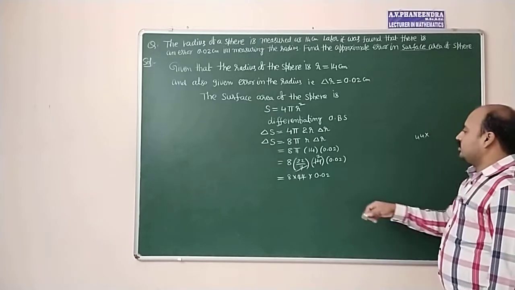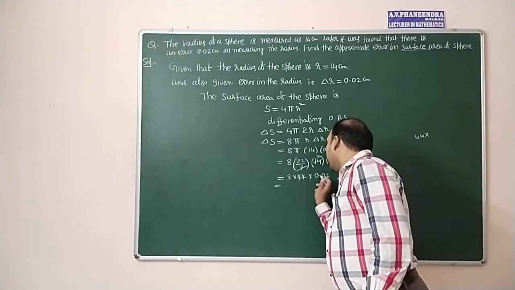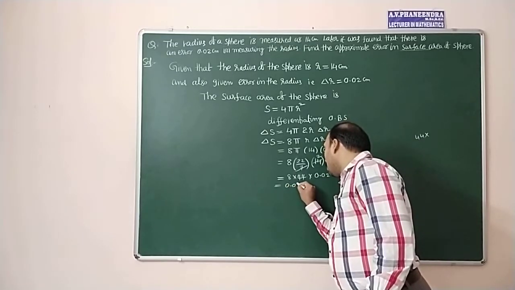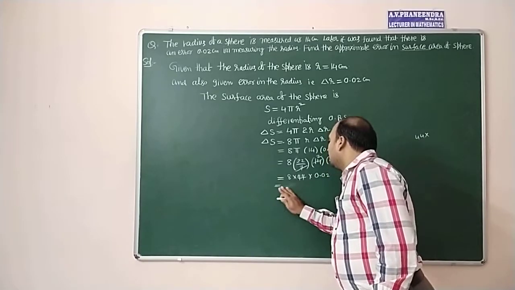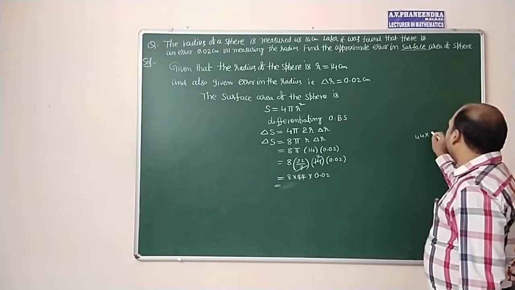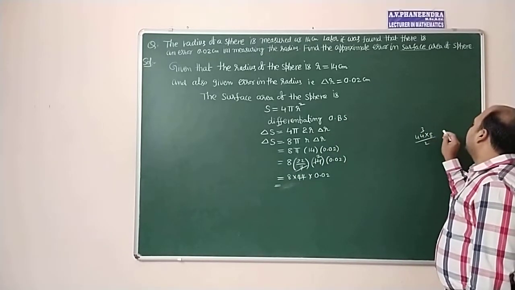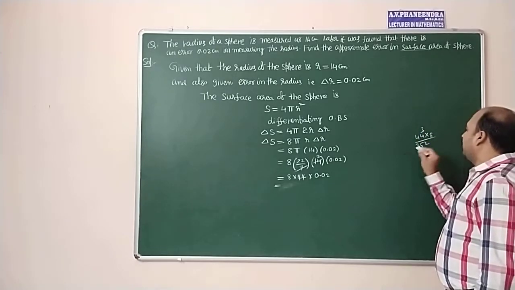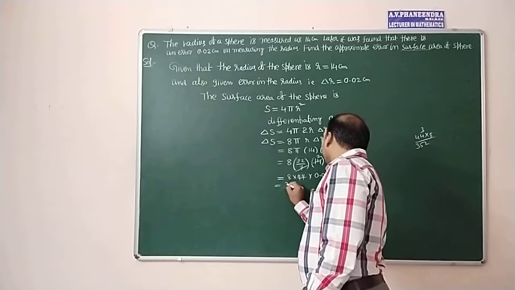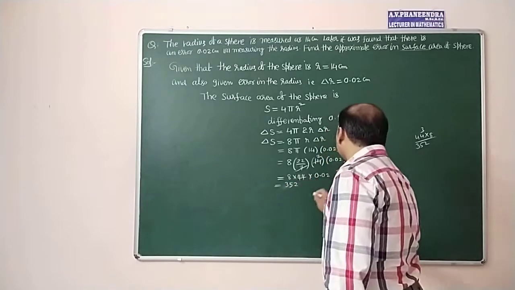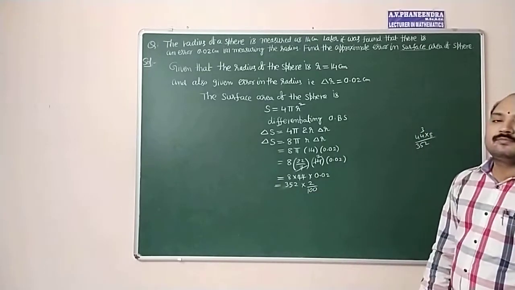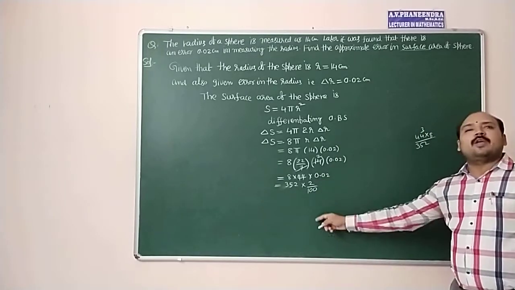Now 0.02 can be written as 2 by 100, so better to write 8 into 44, you can do first. 8 fours are 32, 8 fours are 32, 3, 35, 352, into 2 by 100.